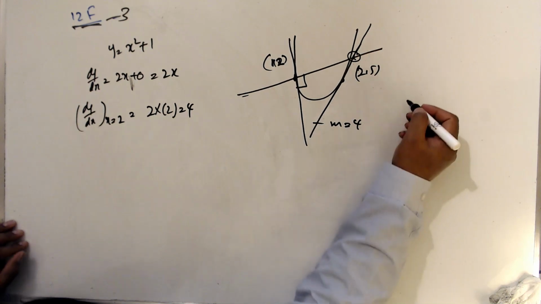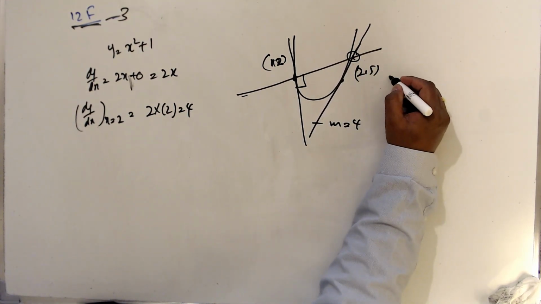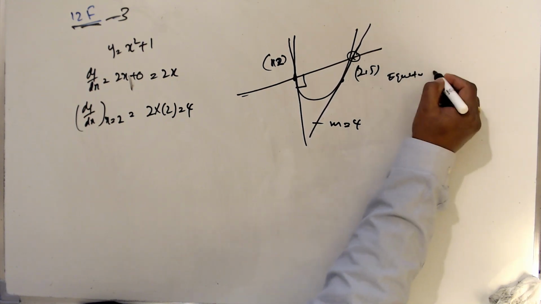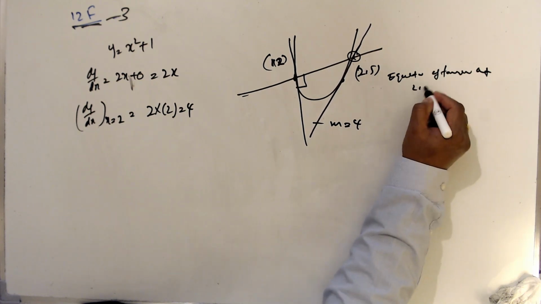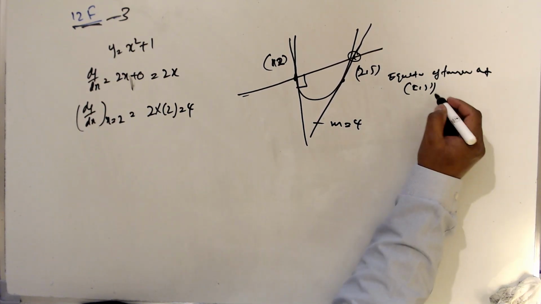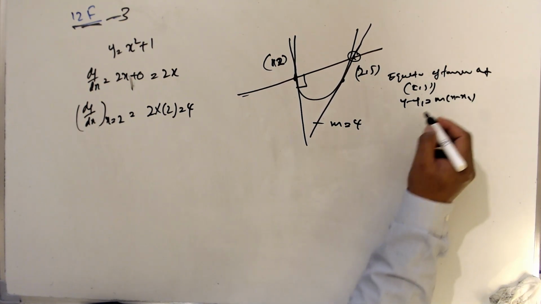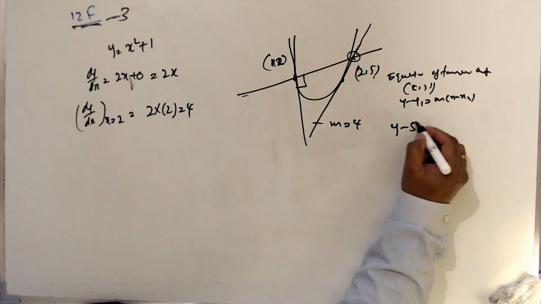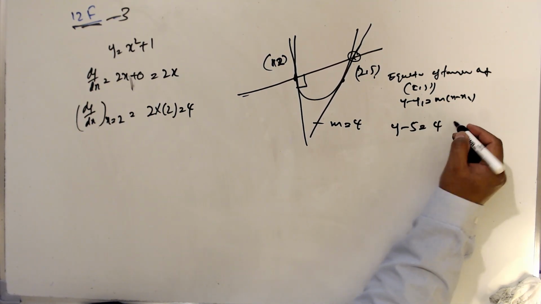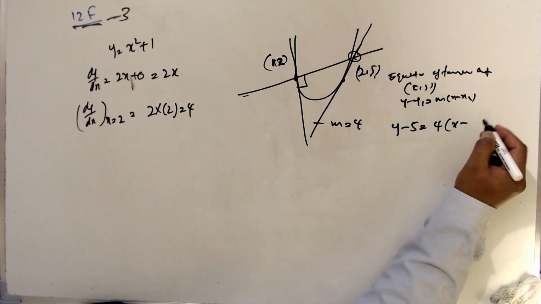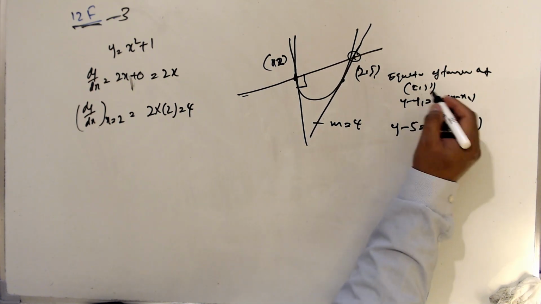Now we'll find the equation of the tangent at (2, 5). y minus y1 equals m times x minus x1. So y minus 5 equals 4 times x minus, sorry, 2.